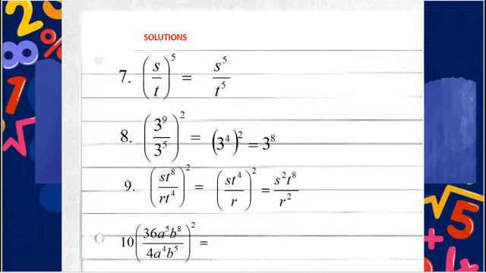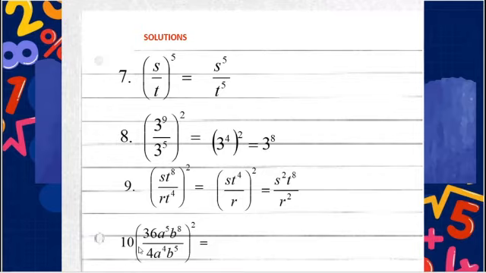Next, we're given 36 a to the 5th b to the 8th all over 4 a to the 4th b to the 5th quantity squared. So, pinagsama-sama na dito ang quotient of a power and then power of a power. So, basta pag magsosubtract lang tayo, kung saan yung may mas mataas na exponent, dun natin ilalagay.